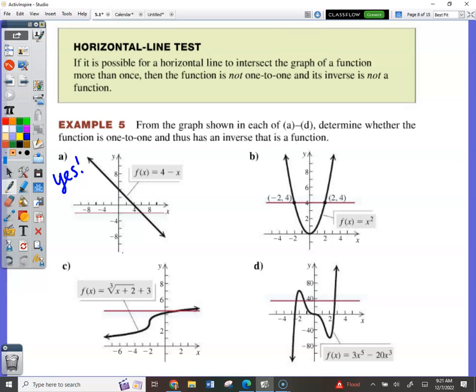Look at B. Does it pass the horizontal line test? No. There's a spot right there. It definitely does not. That means this is not 1 to 1. That's what it means.